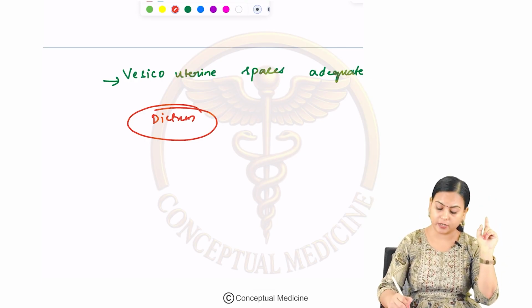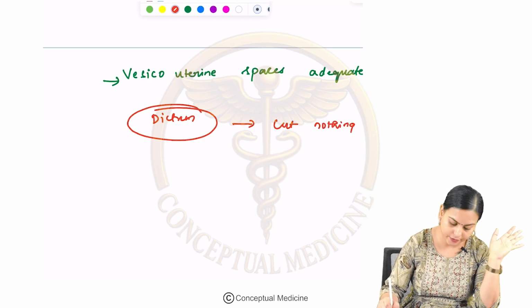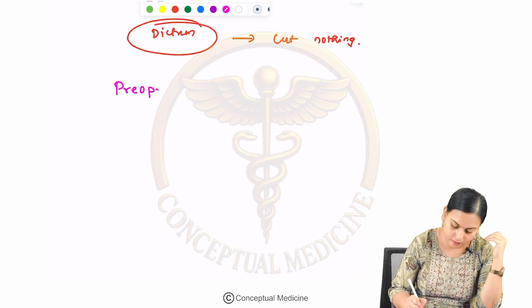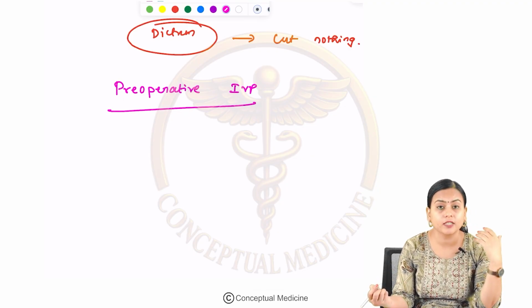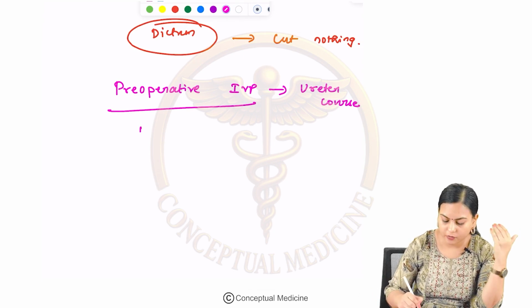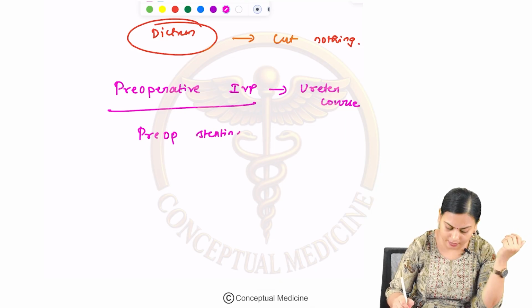Till that, you should cut nothing. Clear? Sometimes you can even offer them preoperative IVP in pelvic pathologies to know the ureter course. Clear? Preoperative stenting can also be given in some cases.